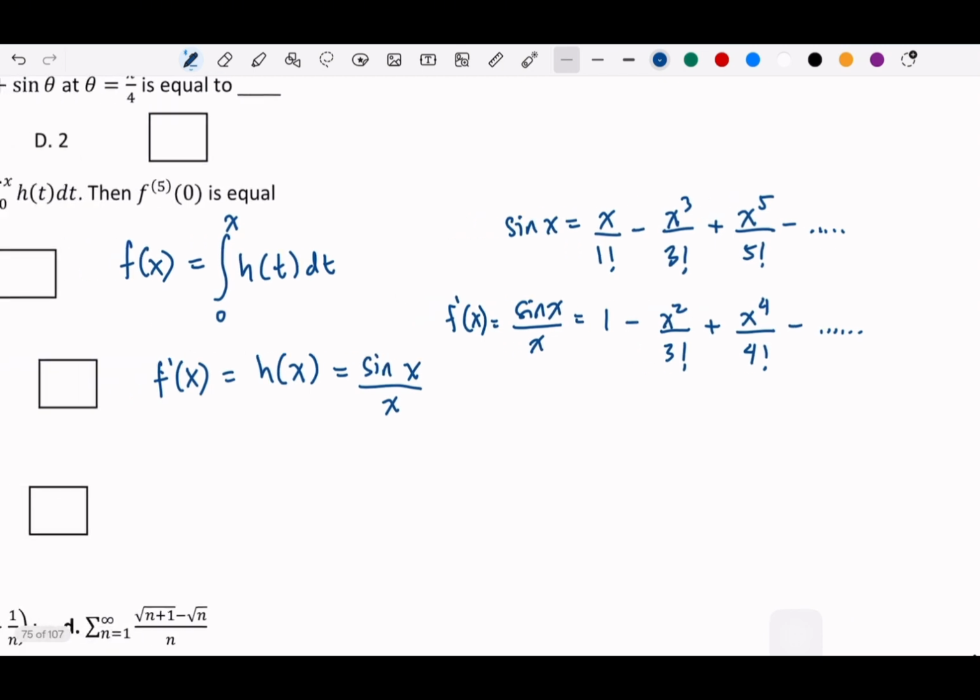So I will write here, just to confirm, that the fifth derivative of f at x equals 0 is going to be the fourth derivative of the f prime, right? Now we have f prime.